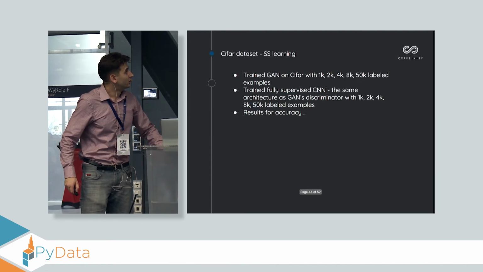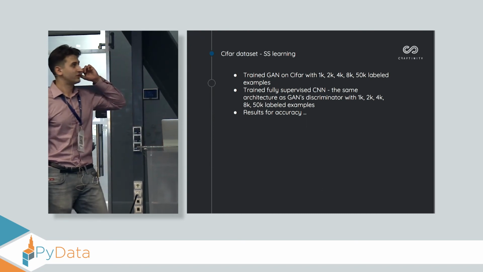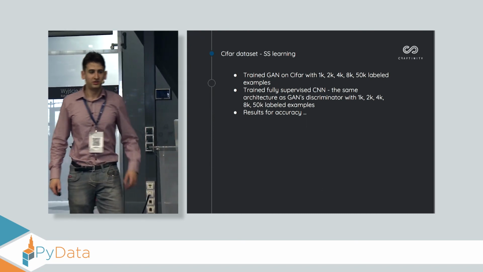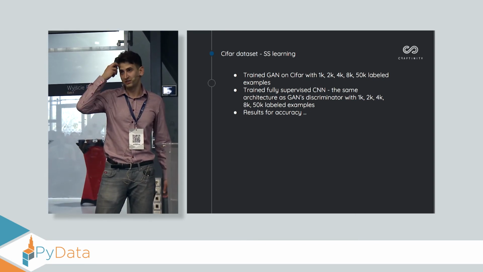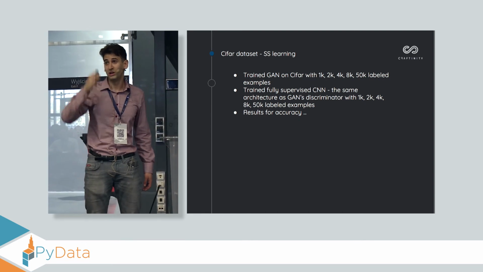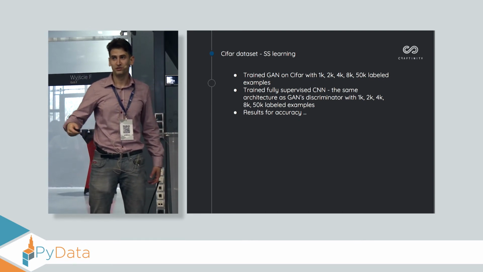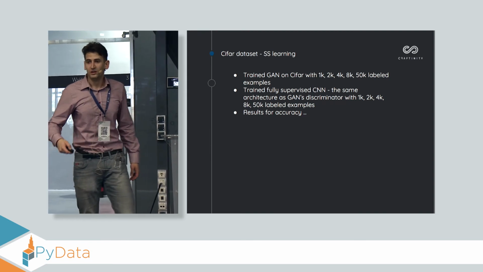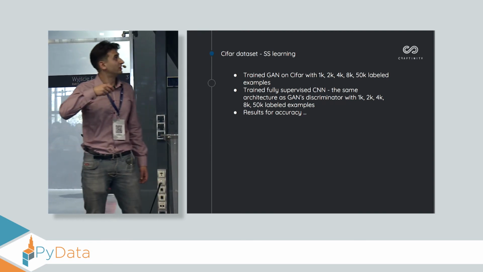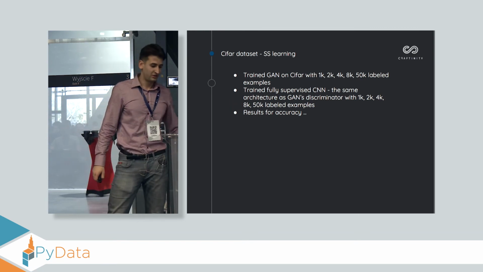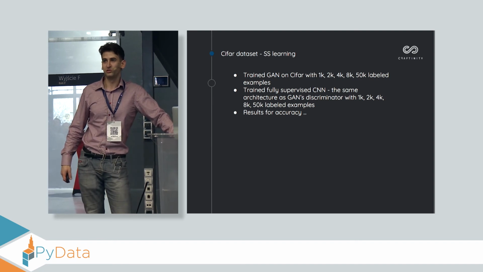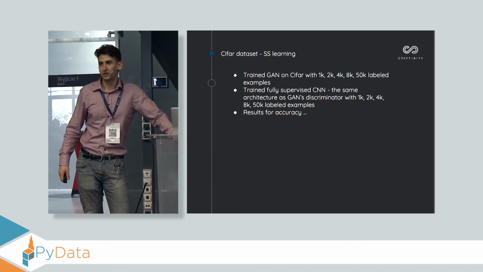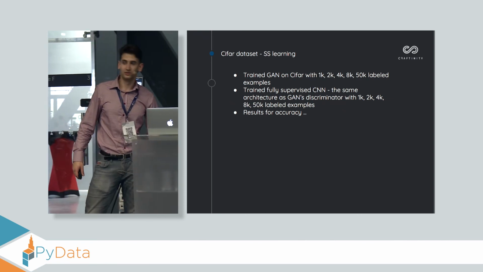And when it comes to semi-supervised learning, I performed an experiment on the CIFAR dataset. That is, I split the training dataset into labeled and unlabeled datasets. I did it with splits of 1K, 2K, 4K, 8K, and 50K labeled images. What's more, I later trained a fully supervised CNN with the same architecture as the GAN's discriminator with the same splits. Let's check the accuracy for the CIFAR dataset on the test dataset.